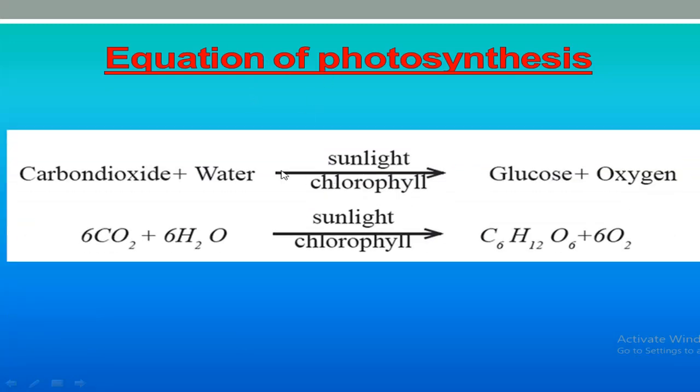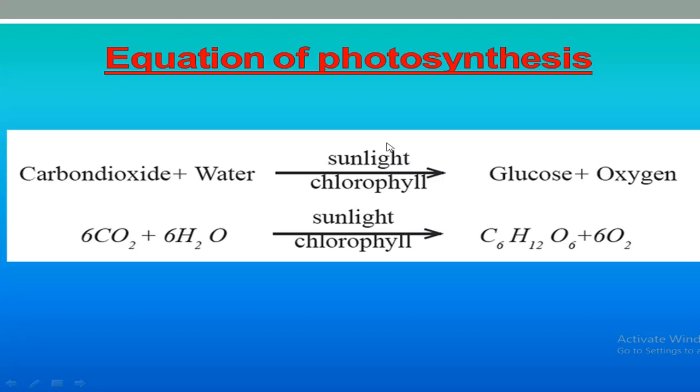The first is the word equation. In this process, carbon dioxide and water, with sunlight and chlorophyll essential, produce glucose and oxygen. Carbon dioxide and water are the raw materials of photosynthesis.